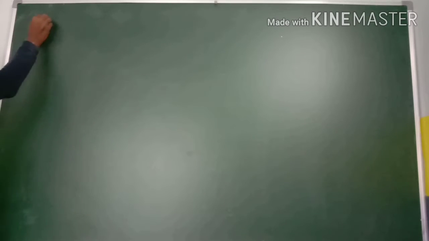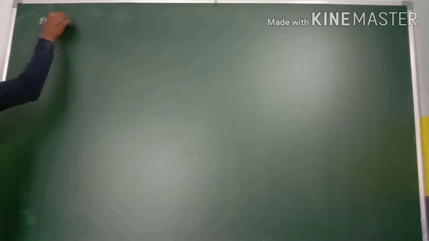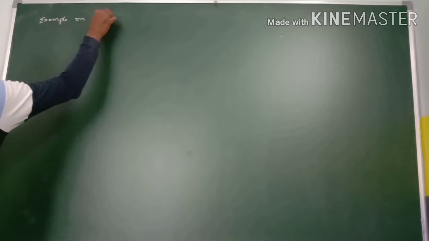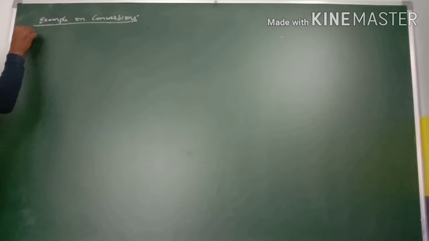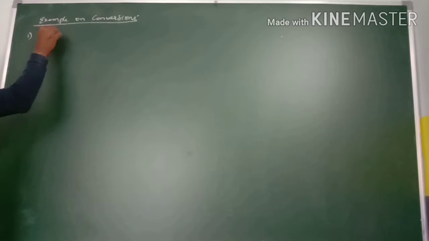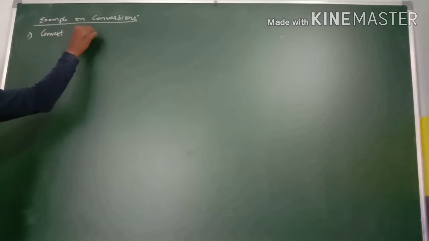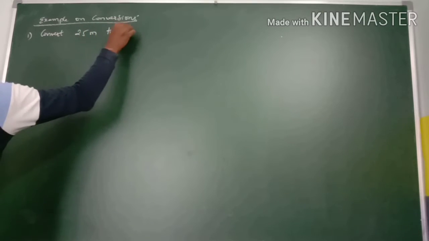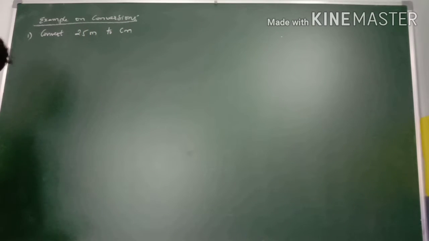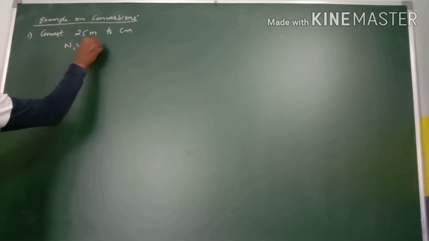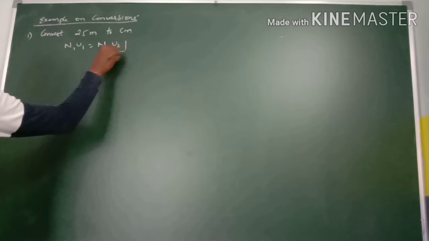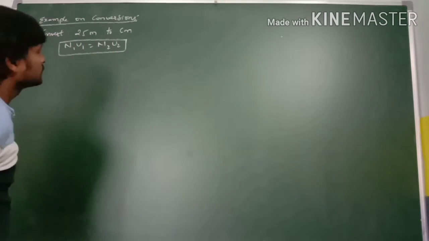Example programs on conversion. First one: convert 25 meters to centimeters. In our previous class we had the formula n1 u1 is equal to n2 u2, and based upon this we can convert.